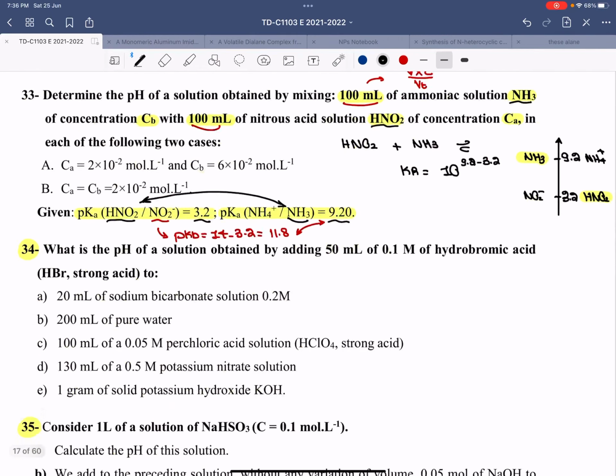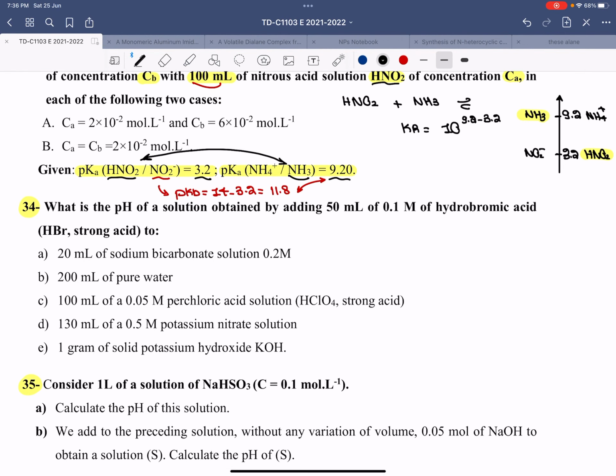Okay, no, I think there is a difference bigger than 2. What did I do? Oh, this is not 11.8. Okay, this is 10.8 because the difference has to be around 2. Okay, the difference has to be less than 2. And that is number 33. Let's go to number 34.